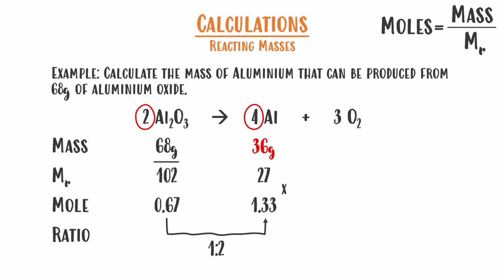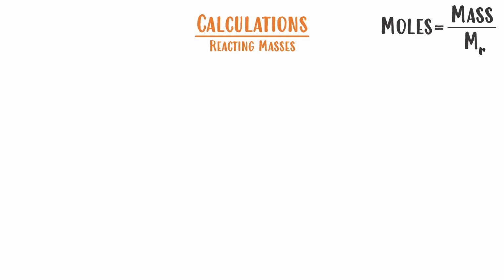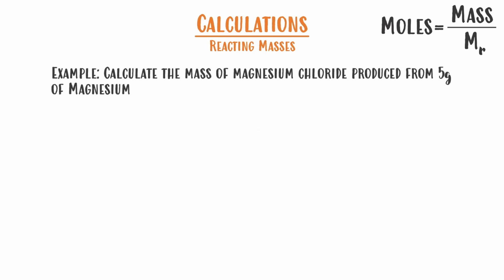Okay, here's one for you to try. Calculate the mass of magnesium chloride produced from 5 grams of magnesium. And again, here's the balanced formula for this reaction. Remember, use the same layout as previous, and take the next 2 minutes to work through this.